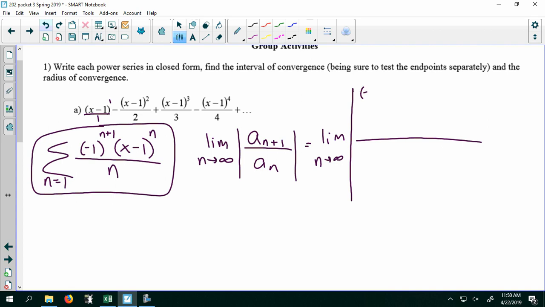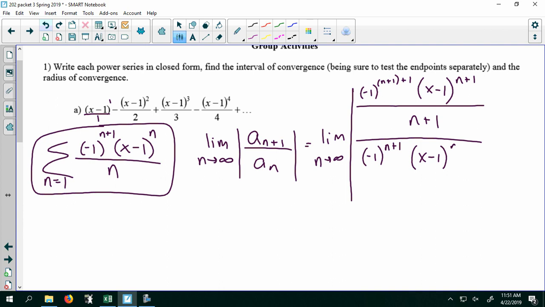So this is -1 to the n plus 1 plus 1 times x minus 1 to the n plus 1 over n plus 1. And then in the denominator, I put the nth term, a sub n, which is exactly the formula that shows up in the closed form. So this is -1 to the n plus 1 times x minus 1 to the n over n.